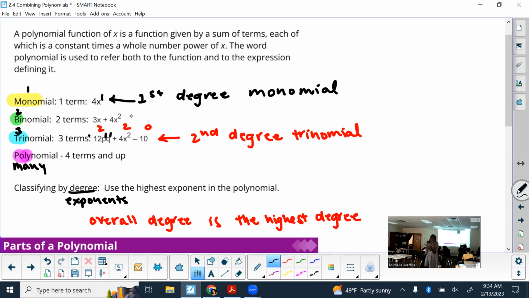Briefly, in your head with your groups, classify this one based on degree and number of terms. I'll give you like 10 seconds. All right, table 7, what's the overall degree on this?